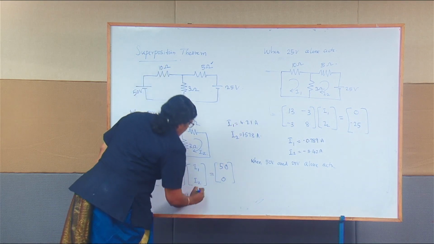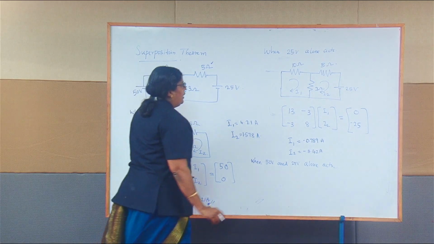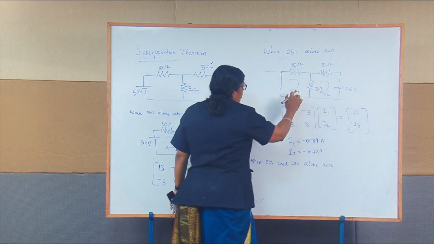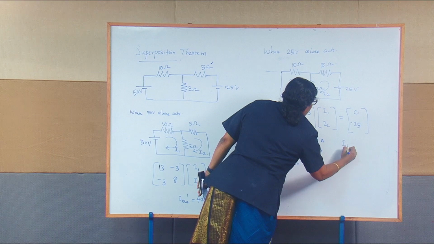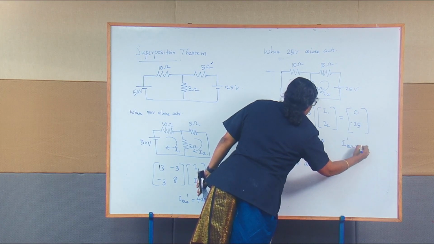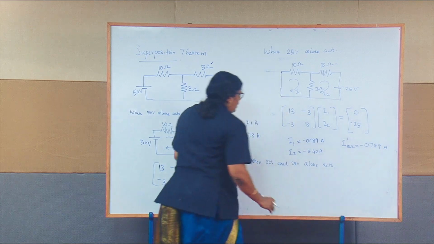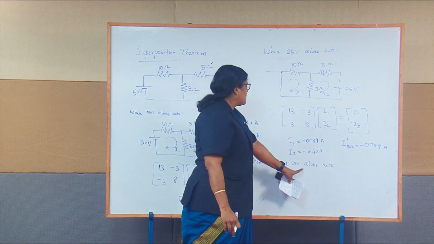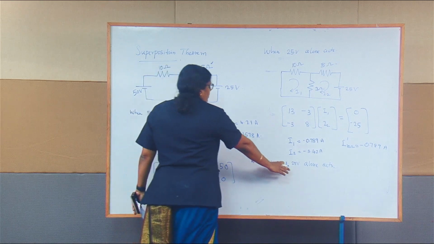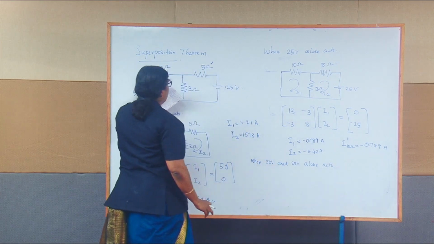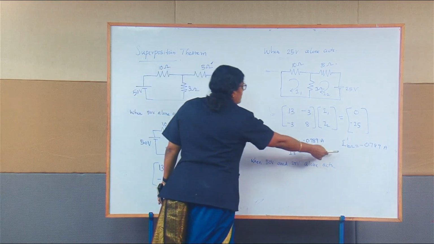I1 is 4.21 amperes, and due to the 25 volts the current through 10 ohm is I1, that is minus 0.789. Now when we consider 50 volts and 25 volts together, we should be getting the current through your 10 ohm as the algebraic sum of the first case and the second case.